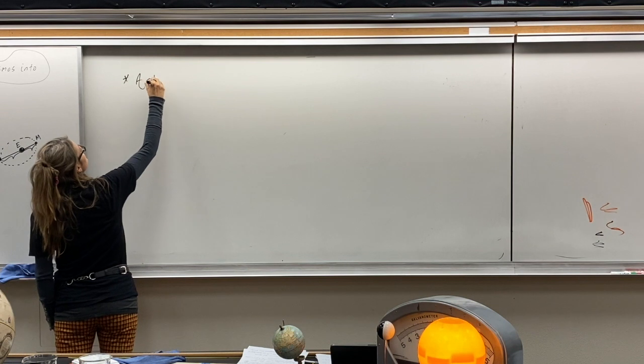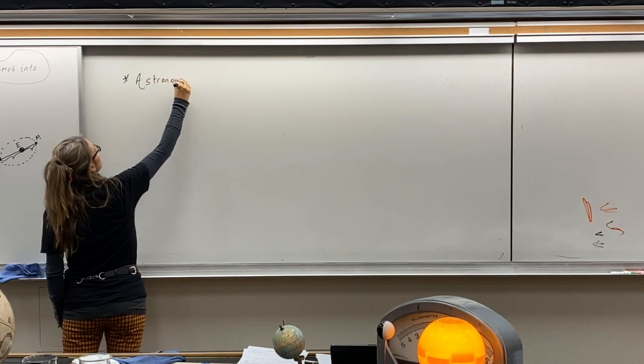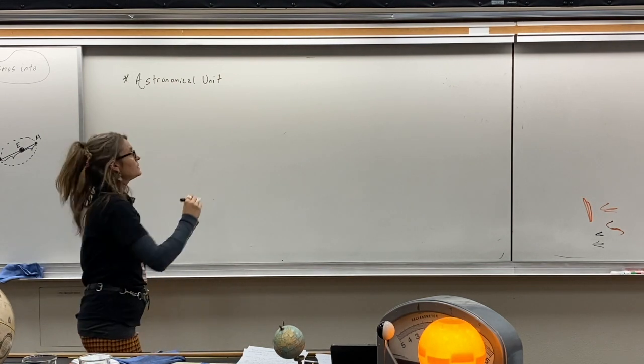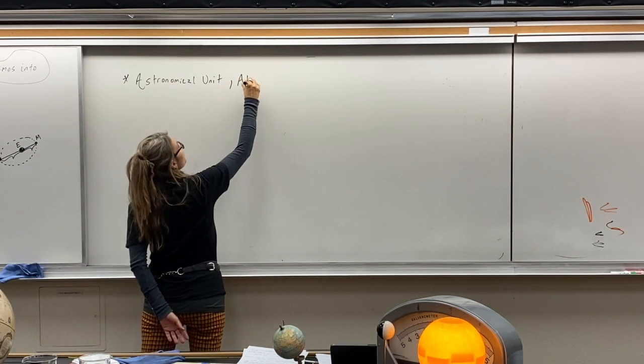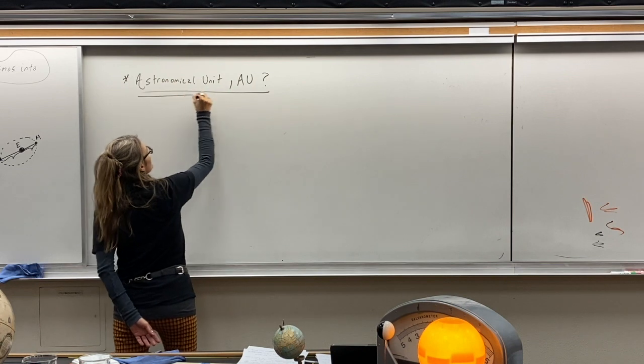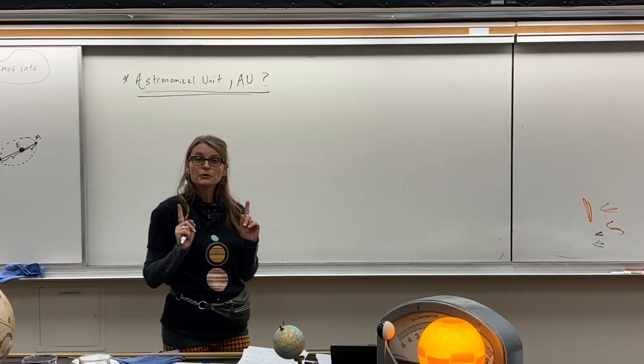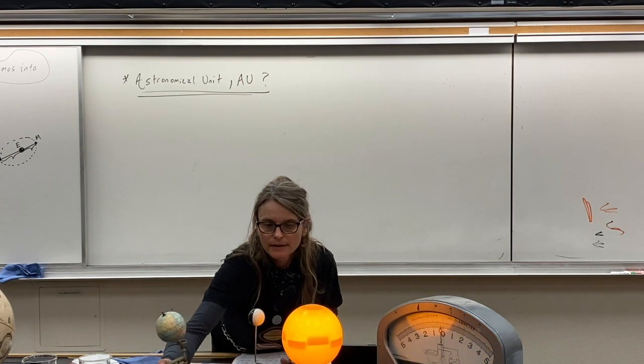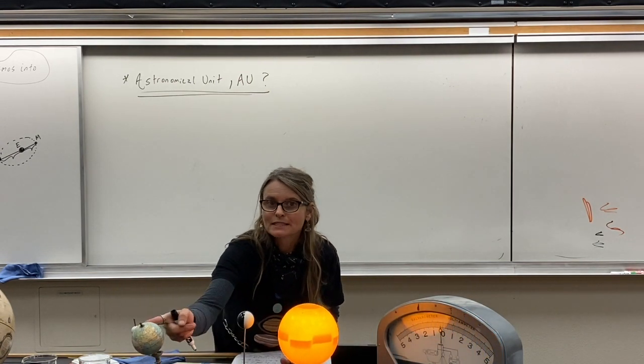What is an astronomical unit, which we use the symbol AU for? Okay. An astronomical unit is defined as, if we take this model right here, the average Earth-Sun distance.